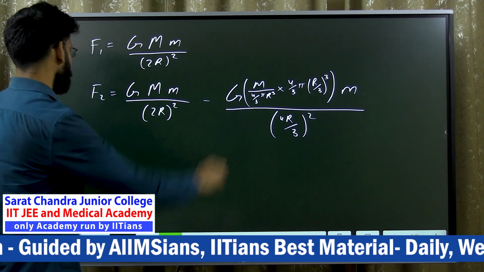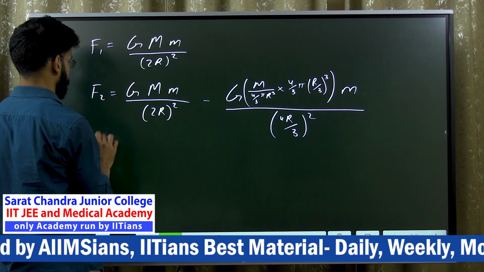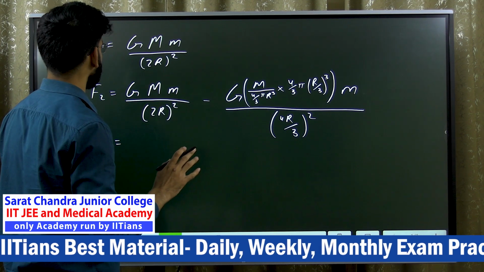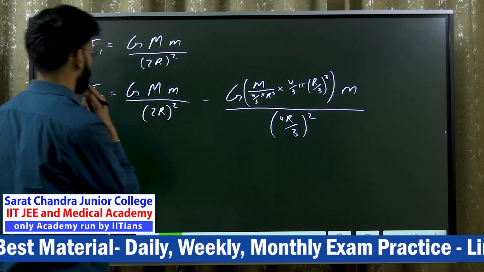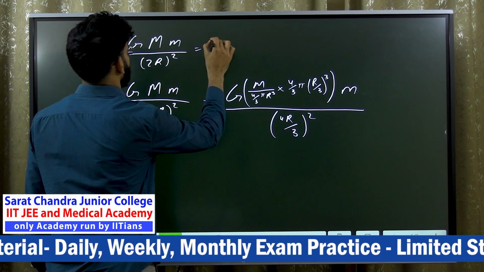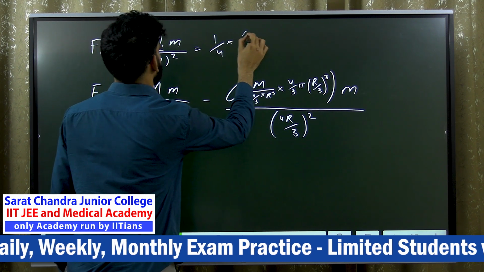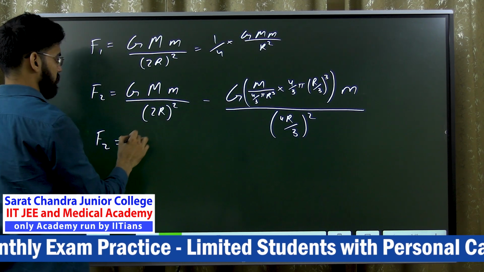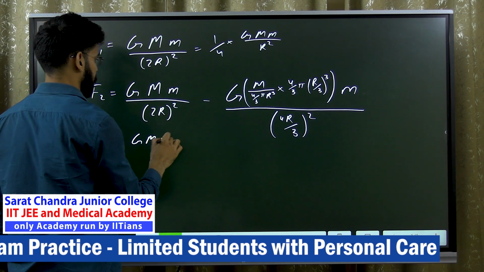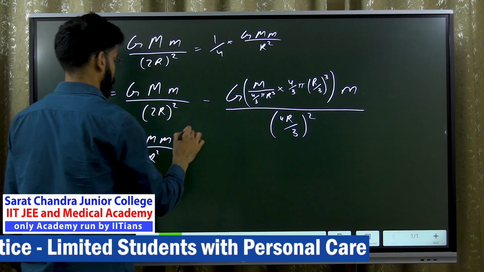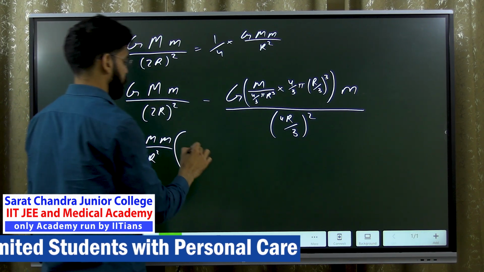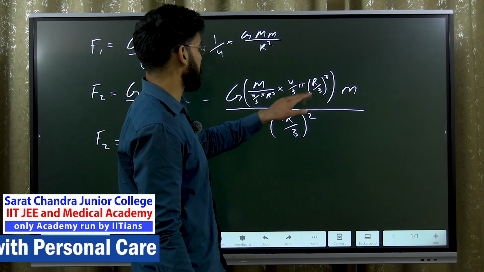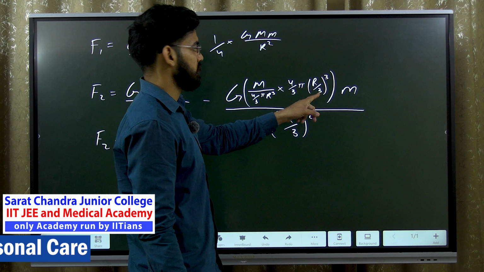Understood? Now see how much F2 came if we simplify it a little bit. No need to simplify that much. Just see here how we can do. Here this is 1 by 4th of G M m by r square, right? And here if I take common G M m by r square, what is there? This is 1 by 4 minus, how much is this? 4 by 3 pi, 4 by 3 pi cancel out. This is 1 by 3 cube.